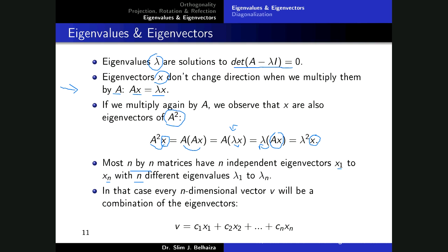So in that case, if you are working in Rn, every n-dimensional vector v could be expressed as a linear combination of the eigenvectors you obtained from the matrix, right? If the vectors are independent, they could be used as a basis, and you can basically generate every single vector component of your Rn space.